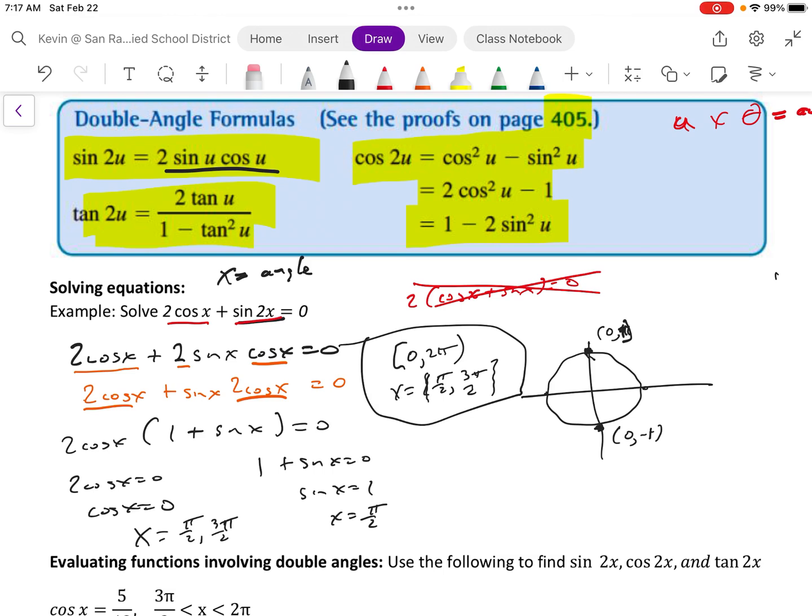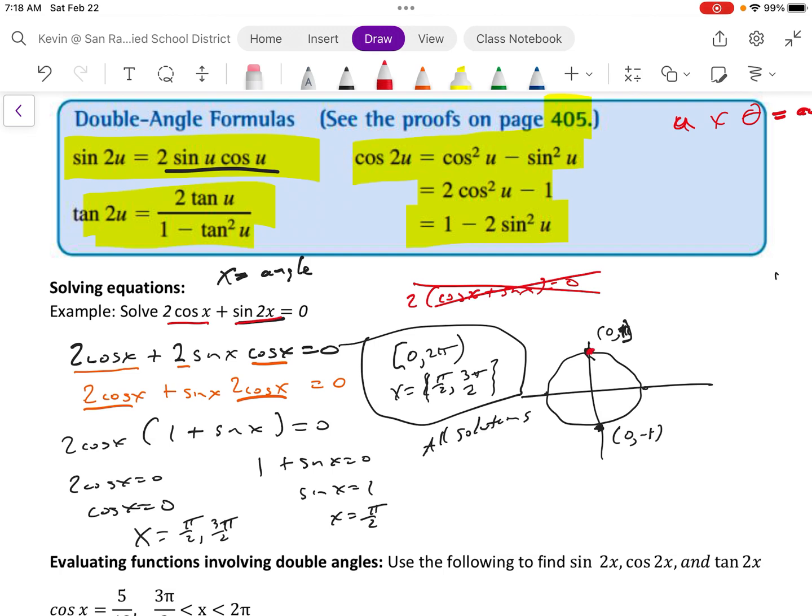That would be our answer. It wasn't very clear in this, but it will be clear on any test. Since it just said solve for x, that means for all x's, so we're going to give the general solution, all solutions, since it didn't restrict us to 0 to 2 pi.